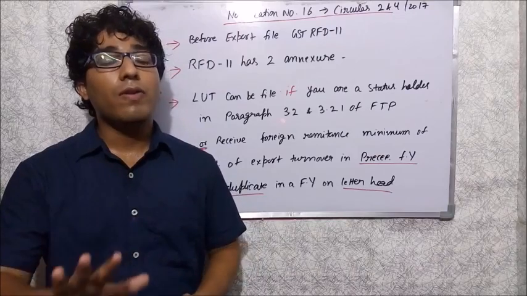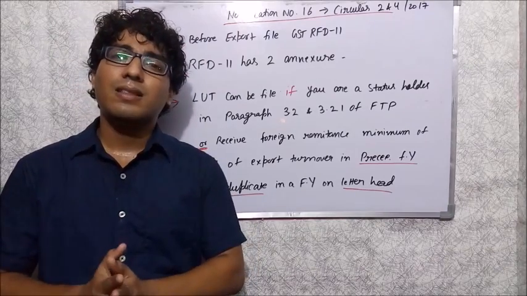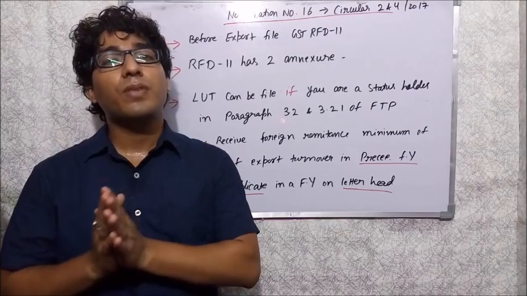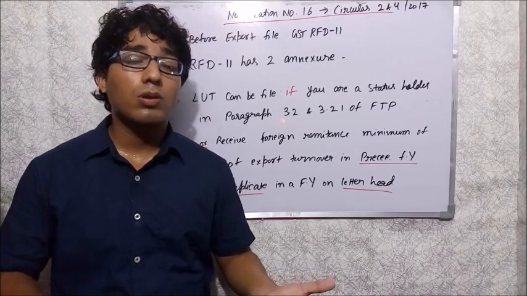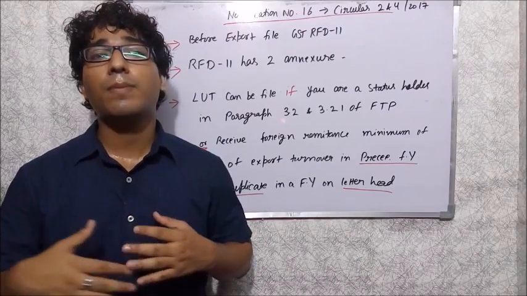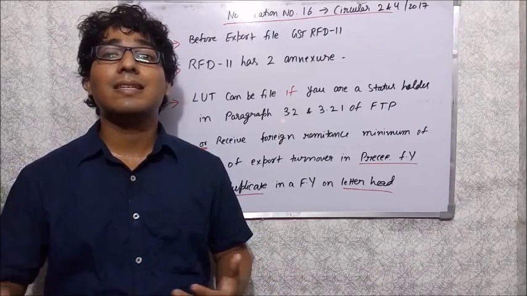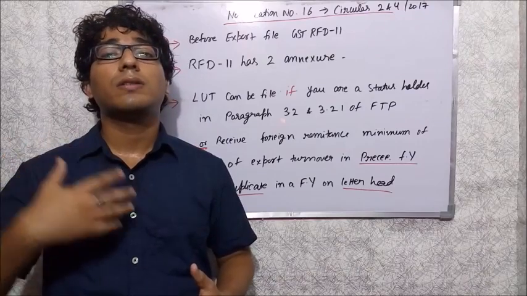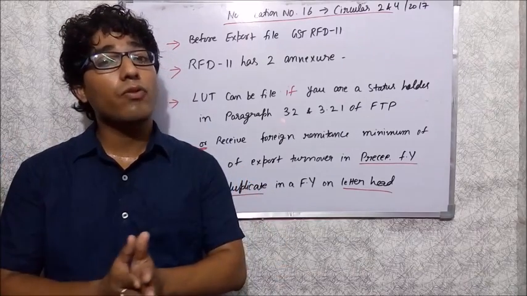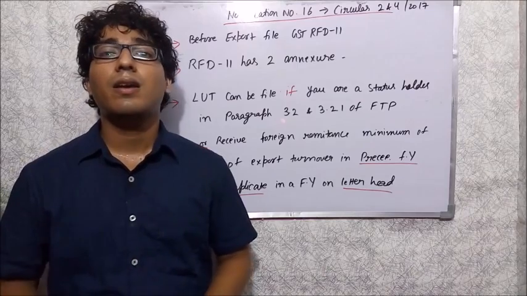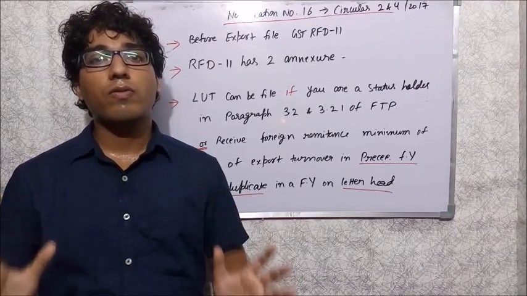The letter of undertaking is addressed to the President of India. In that letter, the wording is like: I will export the goods, I will make the payment of the taxes, and if the payment of taxes is incorrect or insufficient, then my legal heir will be liable to pay the tax of that amount.